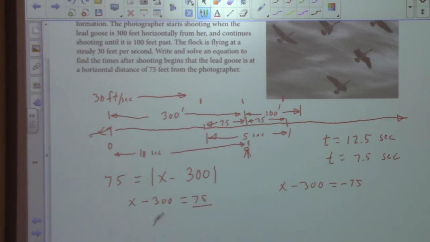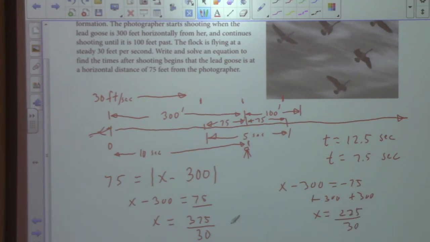That would be x equals 375. And so we could divide that by 30, right? And we could take this and add 300. So we get x in this case equals 225, and we divide that by 30.